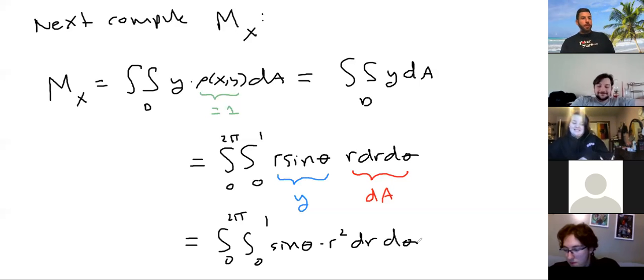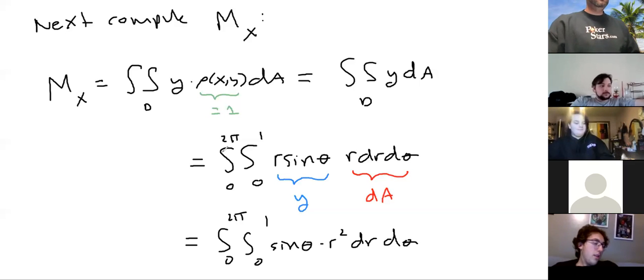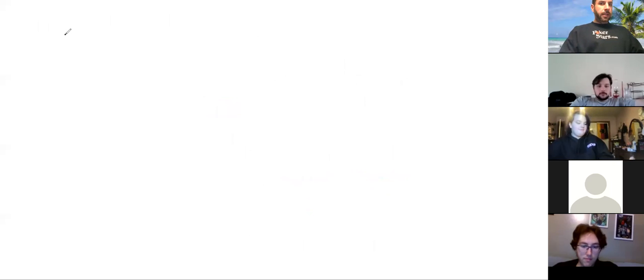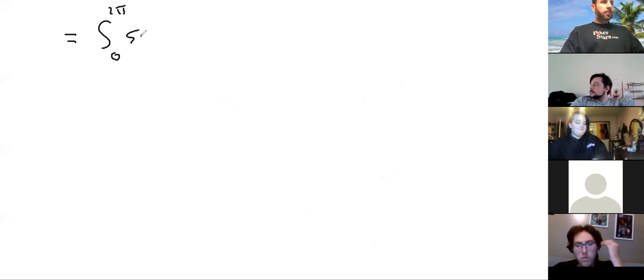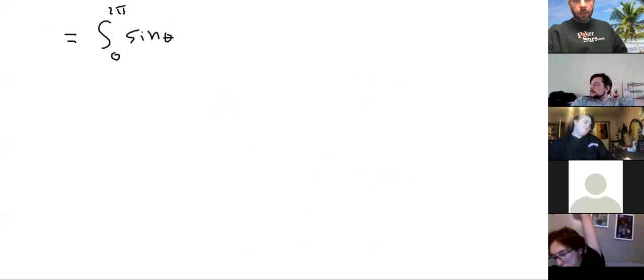Okay, so there's a couple ways you can proceed depending on how comfortable you are with this. I am just going to integrate r out. So as I've done before, this is the integral from 0 to 2 pi. I'm going to leave the sine theta alone. Now I have an r squared, so I'll be very careful here.